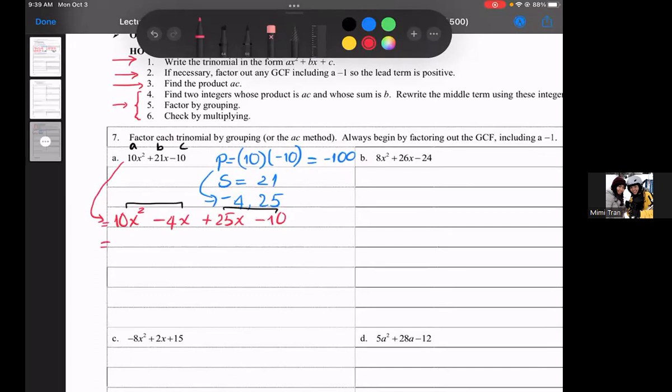I factor out 2x. What's left is what? 10 divided by 2 is 5. X squared divided by x is x. Then what's left? Negative 4 divided by 2 is negative 2. X divided by x is 1, so we're not going to write it. The second group, I'm going to factor out 5. What's left is 5x minus 2 again.